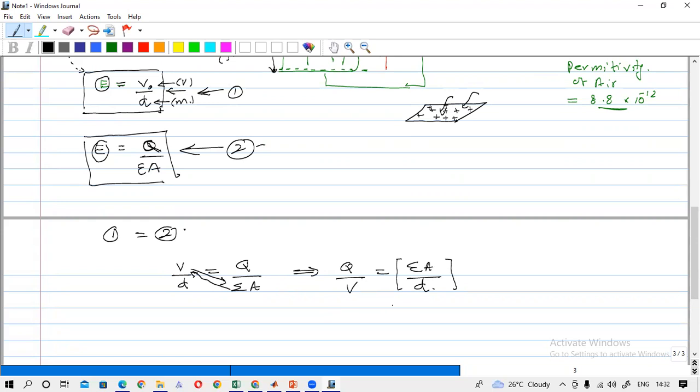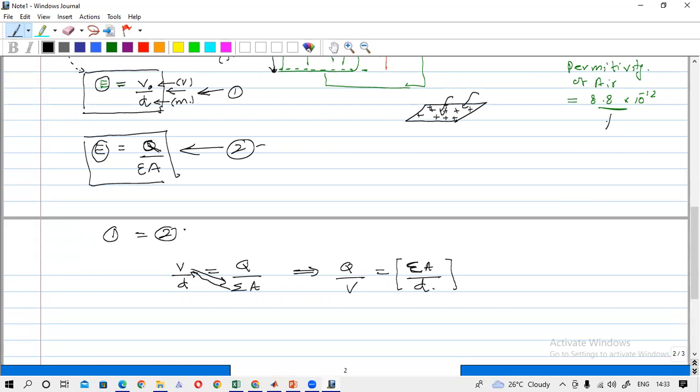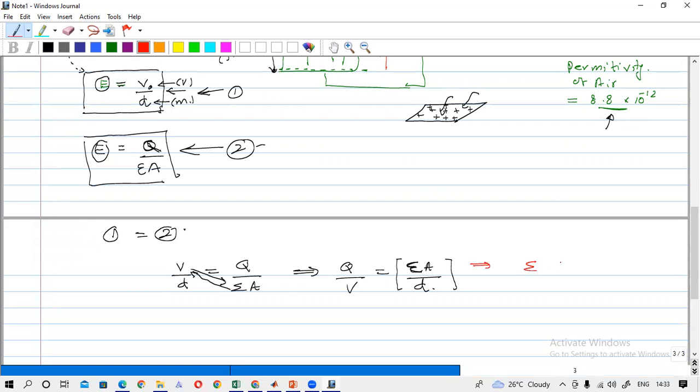Actually you can derive the unit using this expression for epsilon. If you derive that one, you can see that epsilon is equal to Q D divided by V A, no?